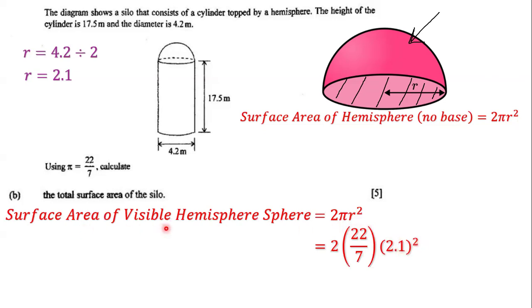So the surface area of the visible hemisphere is going to be 2 multiplied by pi, which is 22/7, r, which is 2.1, and we raise r to the power of 2. And so when we do the calculations, we get 27.72 meters squared.